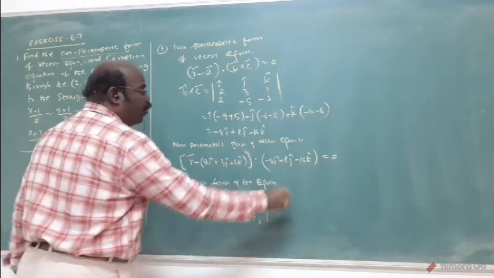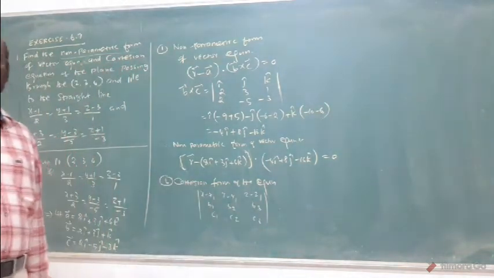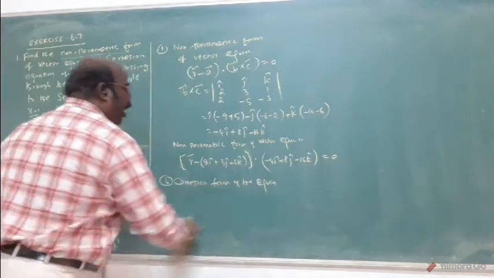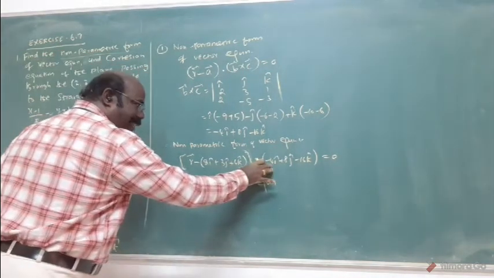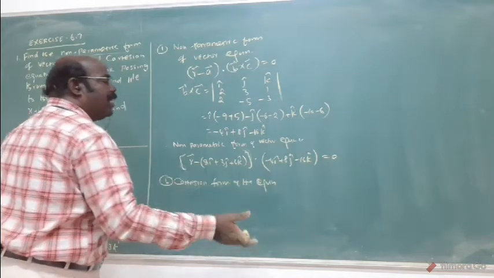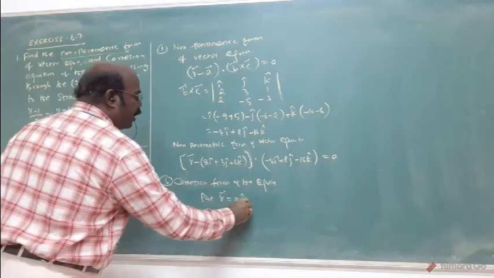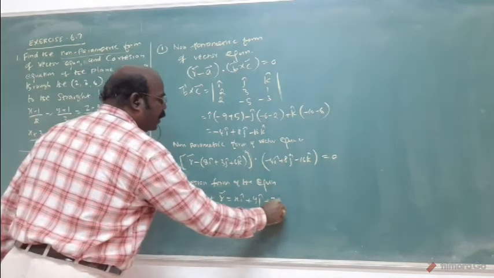In this way you can get the answer by one method. That's the formula actually. But the easy method is that you already know r vector is x i cap plus y j cap plus z k cap. From this final answer, you find the Cartesian equation.